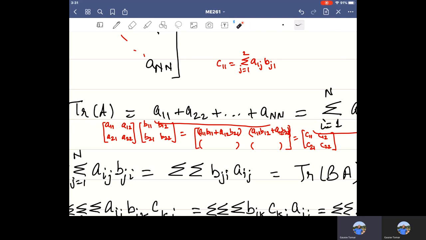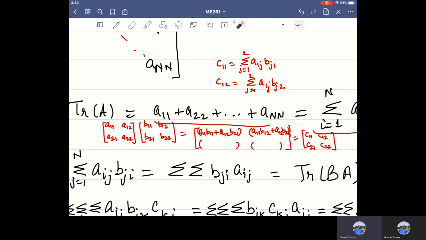Similarly, C12 is the summation for j equal to 1 to 2 of A_1j B_j2. You can check: j is 1, you get A11 and B12; j is 2, you add to it A12 B22, and so on. That's how you get it.